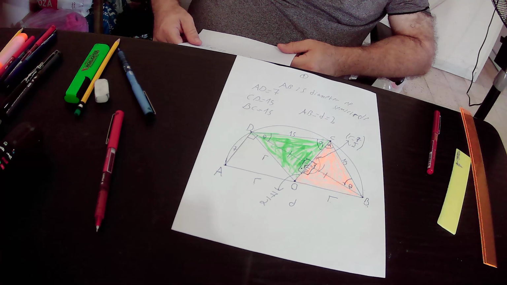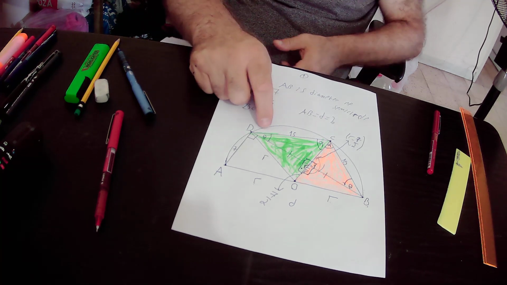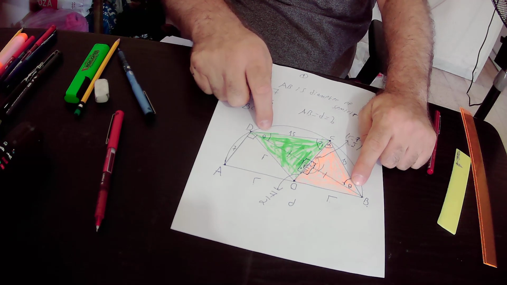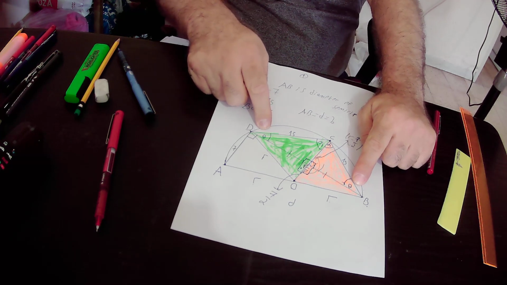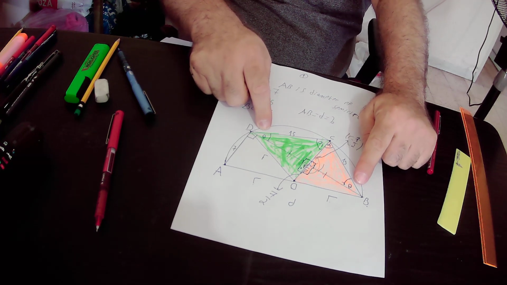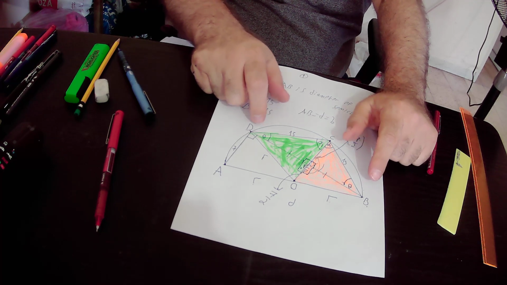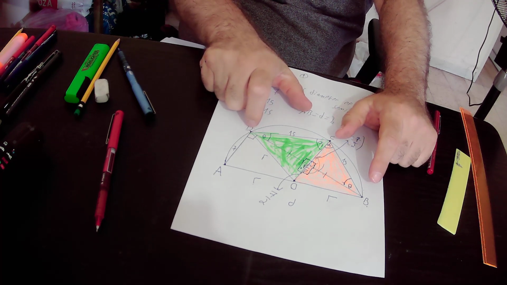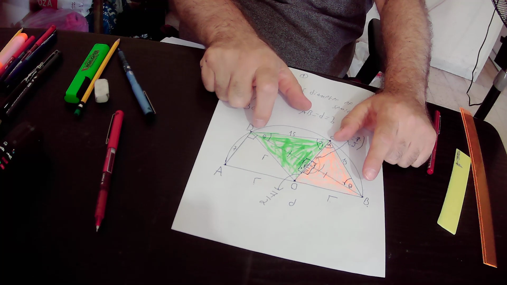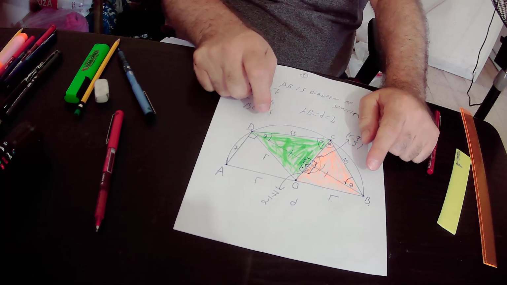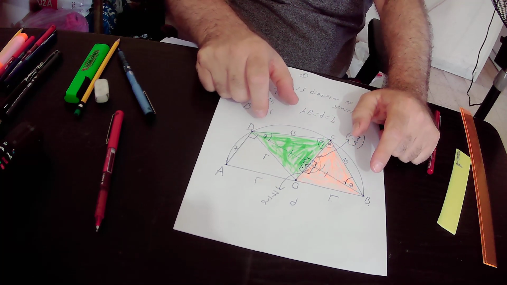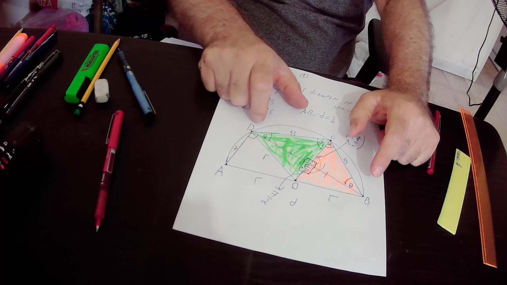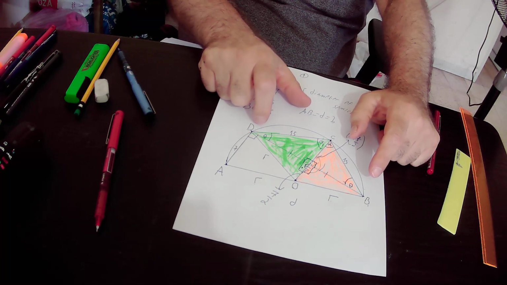Therefore, we can deduce that those two angles are also equal to each other, according to the rule that in front of equal sides in a triangle there are equal angles.